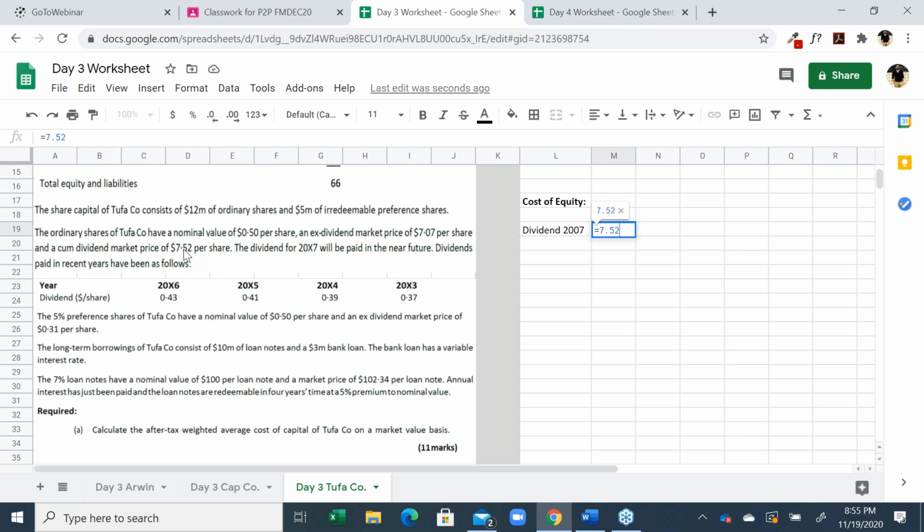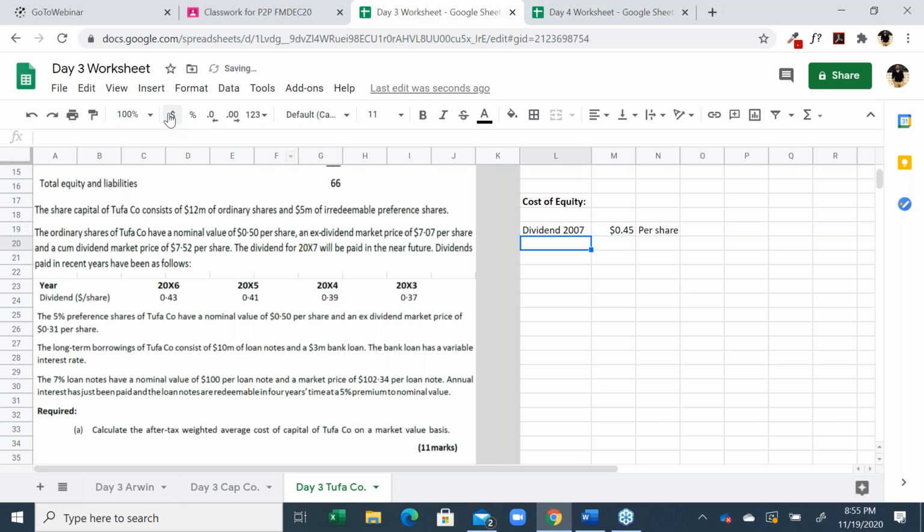And the ex dividend price, that is if the dividend is subtracted from the price, will be 7.07. The difference between the two will be the dividend per share for 2007. That's the latest dividend which is supposed to be paid shortly. So that's $0.445.